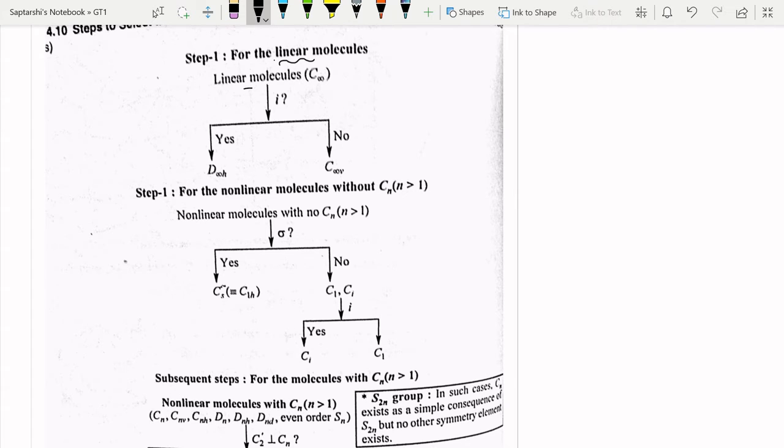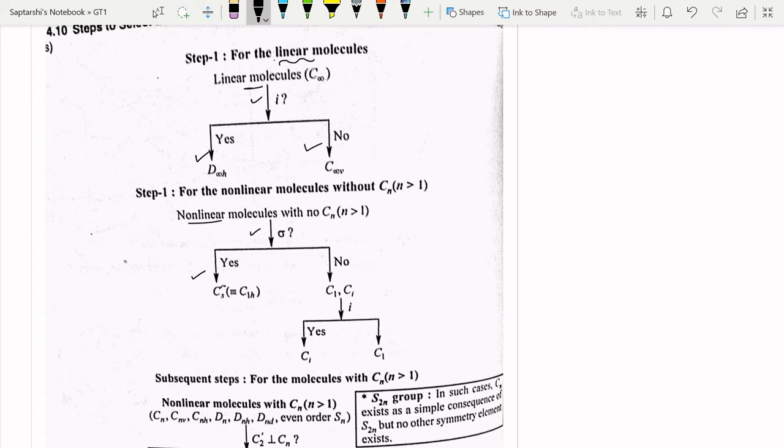If the molecule is linear, like CO2, does it have I? CO2 does have I, so it will be D infinity h. If it does not have I, it will be C infinity v. Suppose it's a non-linear molecule like trans N2F2. We have to see whether it has sigma.